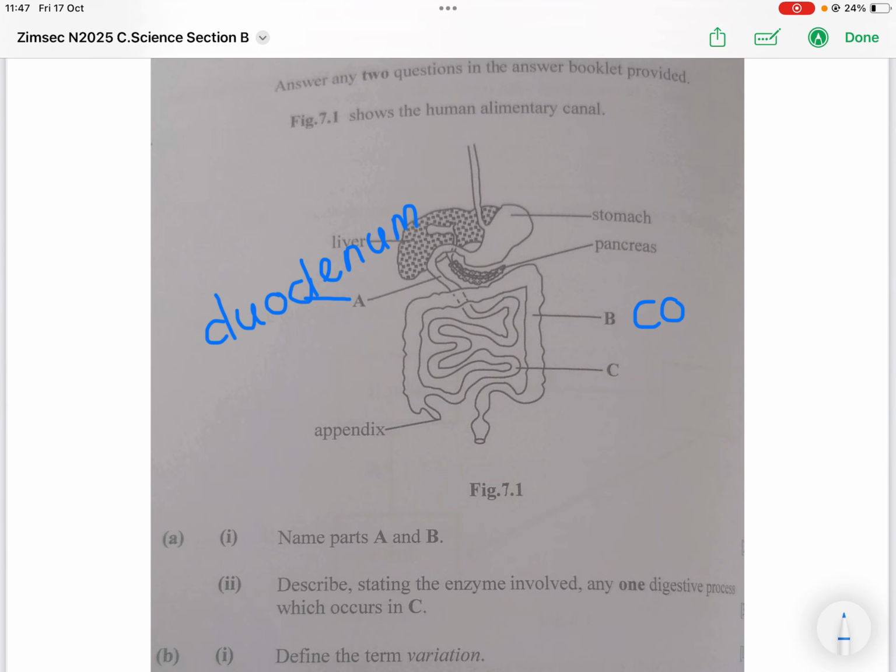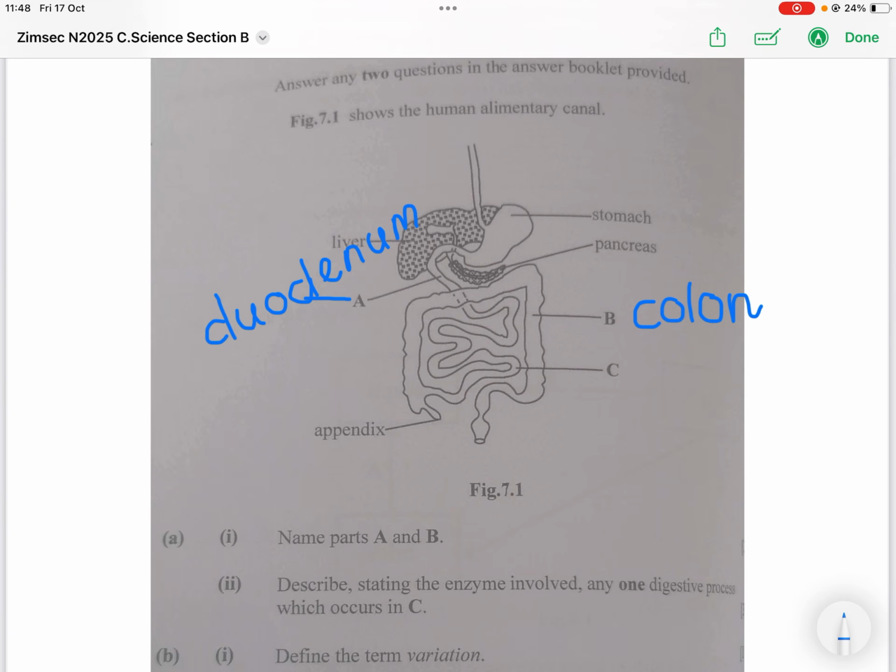And then we have the part that is labeled B. It is known as the colon, or you write the large intestine. Either you write the colon or you write the large intestine, because the other name for the large intestine is the colon.